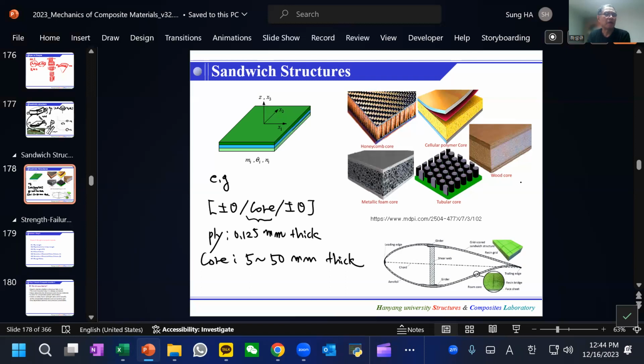So from here, the thickness of this ply skin, I would say this is a top skin, sorry, this can be a bottom skin, starting from the bottom to top.